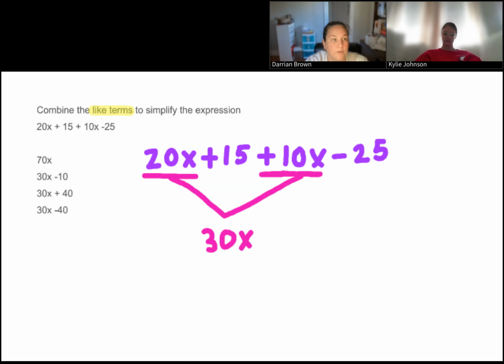And then what are the two numbers that do not have a variable attached to it at all? Close. Don't forget the sign on that second number. It is 15 and negative 25. So when we combine those, what would you get?